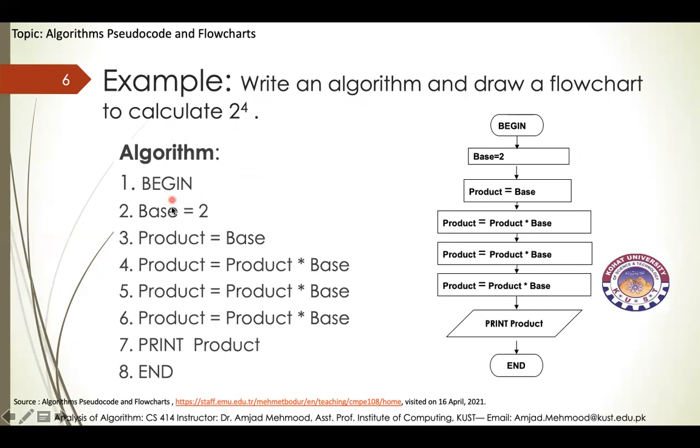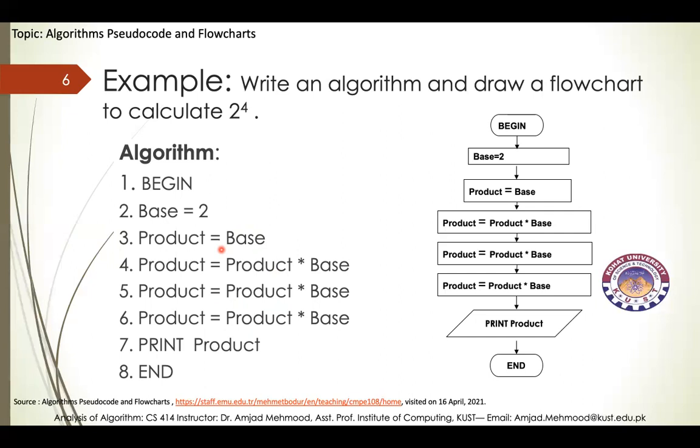You can see begin, then you have a base, then you assign base to the product, and as this is 2 raised to power 4, the product is multiplied by base, and you have executed this statement 4 times. In our next slide we will see what the effect is if we use a loop.